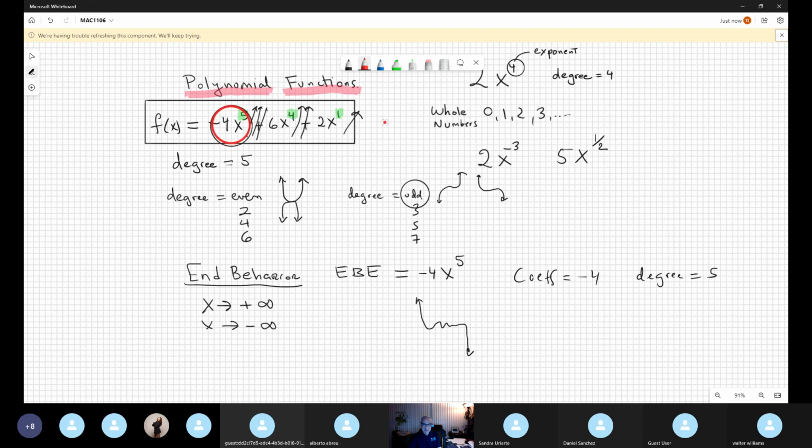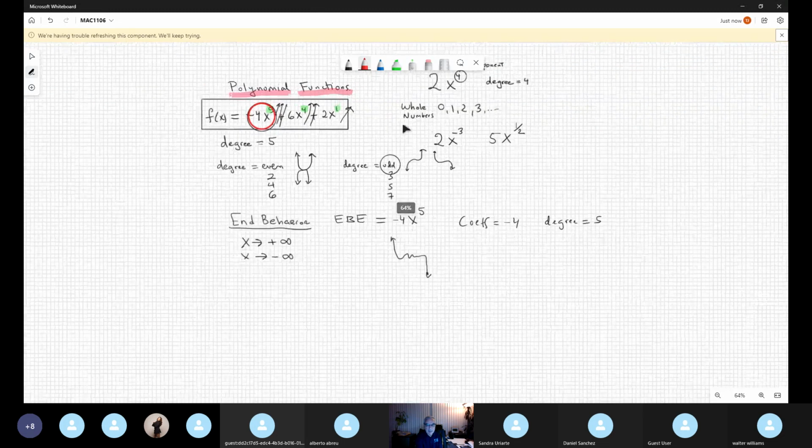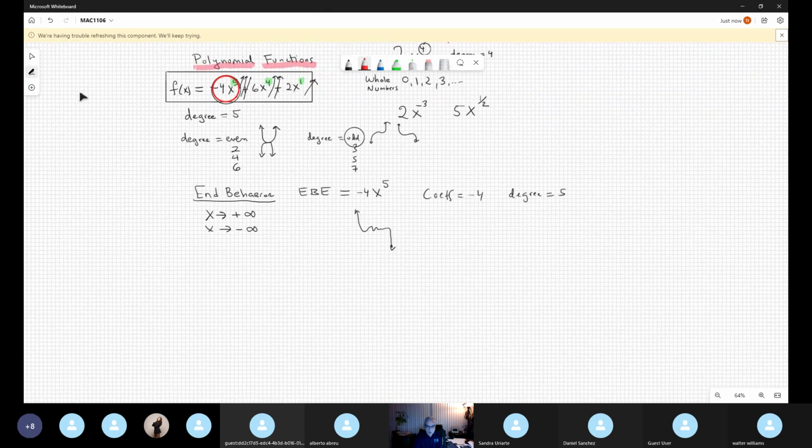You take this, and let me try to explain the 4 possibilities of the end behavior. We have coefficient positive, degree even. We have coefficient negative, degree even again. Bueno.